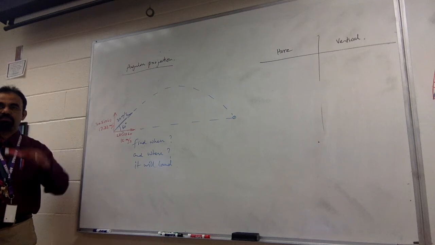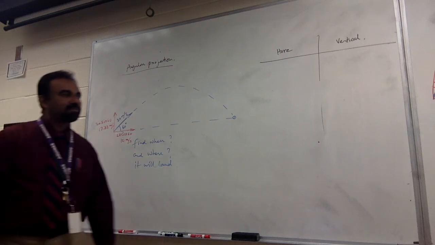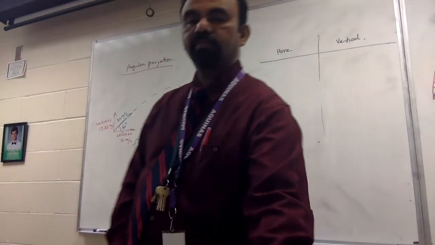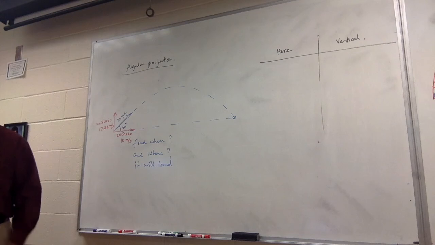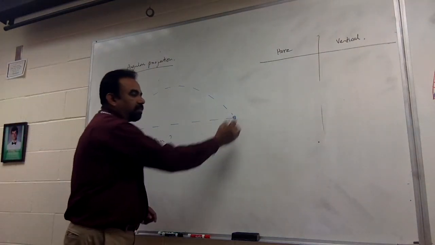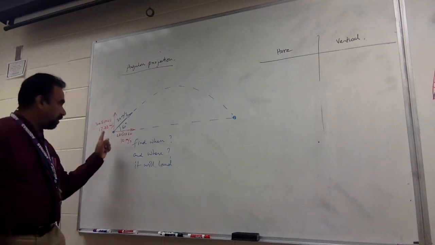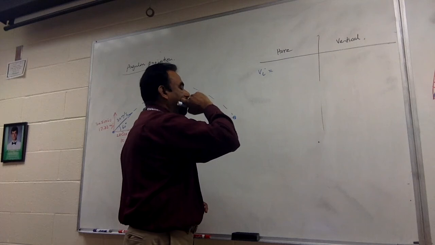Now go to the table. Go ahead, I'll give you some time. Whenever you do any problem, always do the problem from one starting point to a finishing point. Between this point and this point, what are the pieces of information you know?